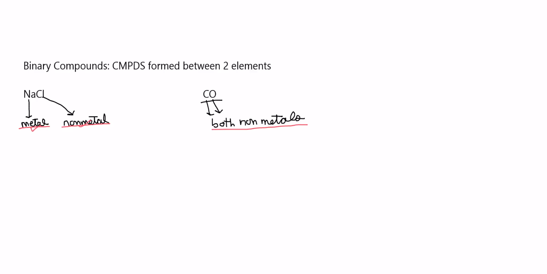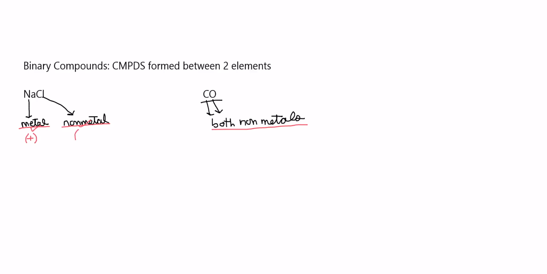So let's start with the binary compound named between a metal and a nonmetal. The first thing we do is we recognize that the metal version is the positively charged material and the nonmetal is the negative.